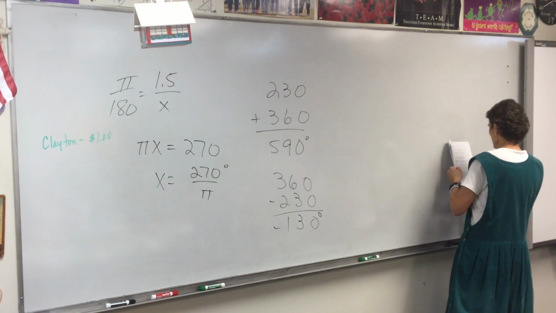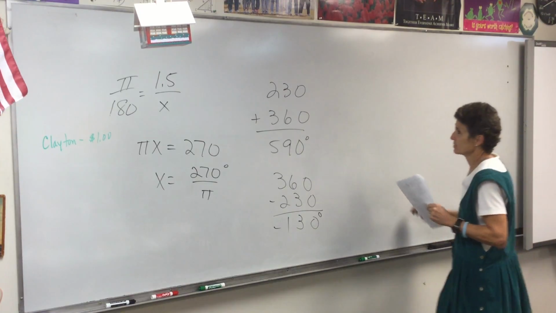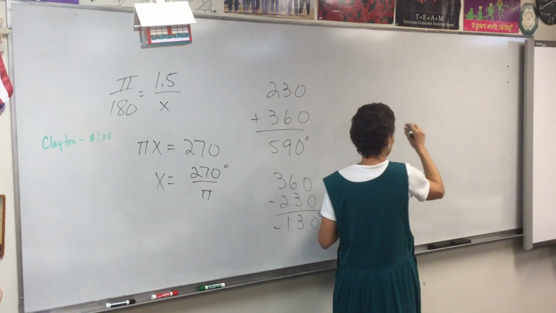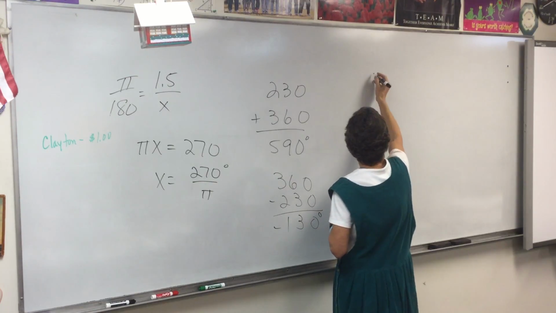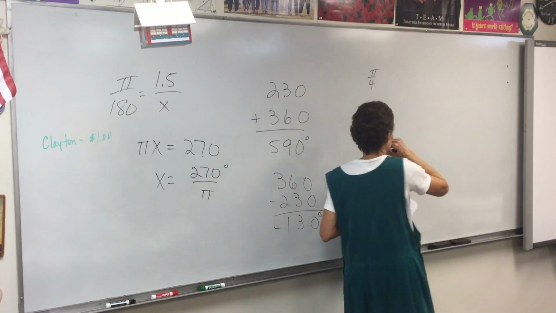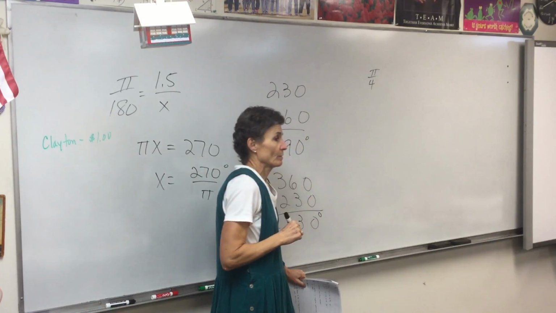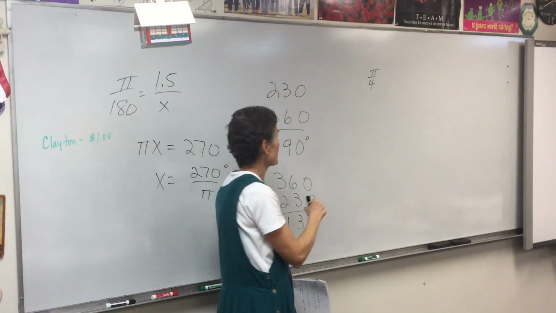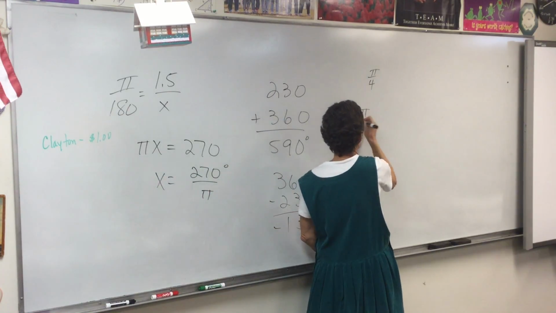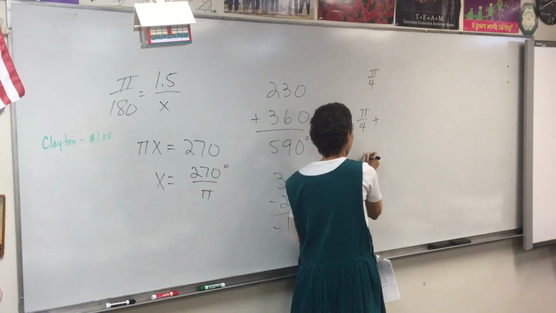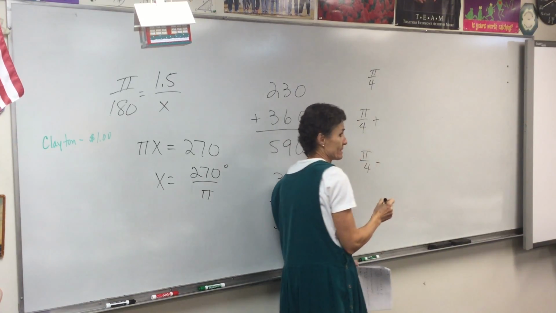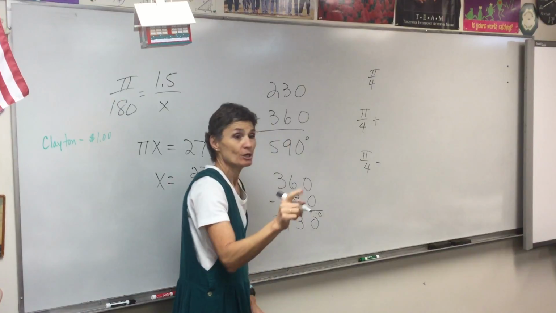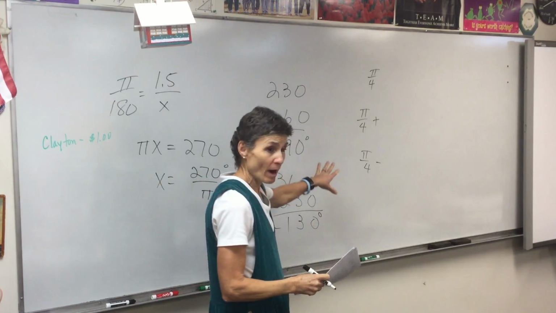Since that's brand new, we got a little bit of space there. Let's find a positive and a negative coterminal angle for pi over 4. So we're going to do exactly the same thing. We're going to take our pi over 4, but we're not going to add and subtract 360. What are we going to add and subtract? 2 pi. That's a fraction.